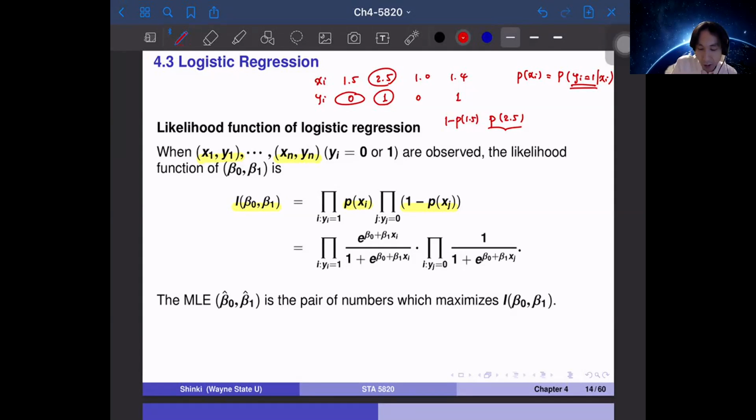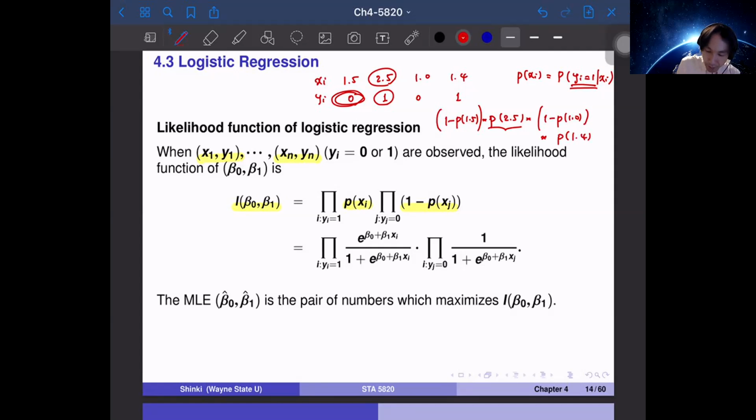But actually it does not happen, because y is equal to 0. So our likelihood is 30%. Then we multiply that for all observations: this number times this number times 1 minus the probability of 1.0 times the probability of 1.4. So this is the likelihood.